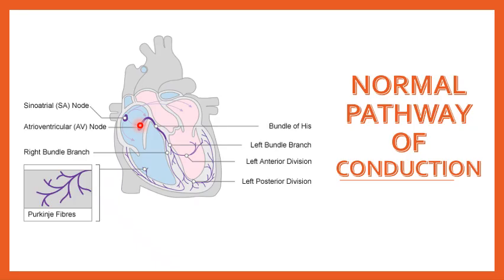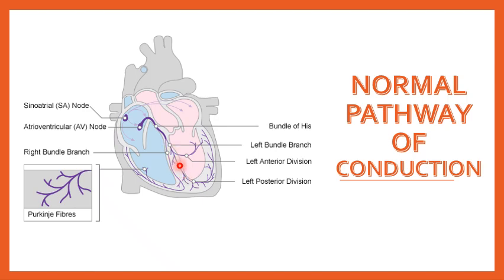Okay, so after the pause at the level of the AV node, the impulse rapidly goes down the bundle of His, and here's where we're talking today, the right and the left bundle branches. Now, what you'll notice, guys, when you look at the bundle branches is you have a right bundle branch and you have a left bundle branch.